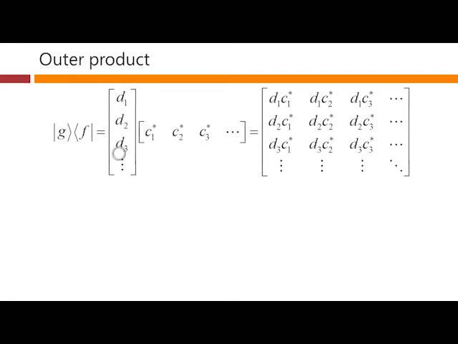Note that we have the column vector on this side, that's the ket vector, and the row vector with the complex conjugates on this side, that's the bra vector here. And if you multiply two vectors together this way around, they generate this entire matrix. So you see that this element of the matrix is this first row element here times this first column element, and so on. You can find where all of these elements come from in this outer product multiplication.